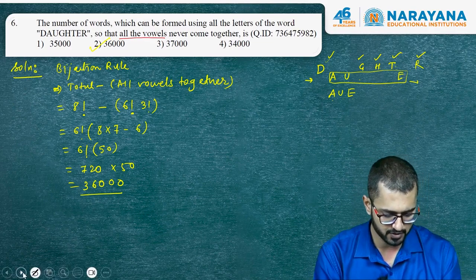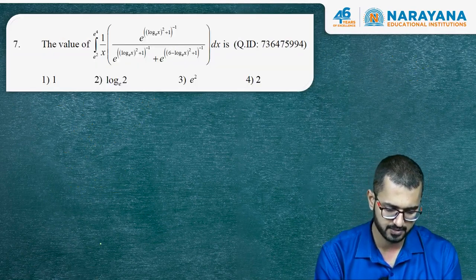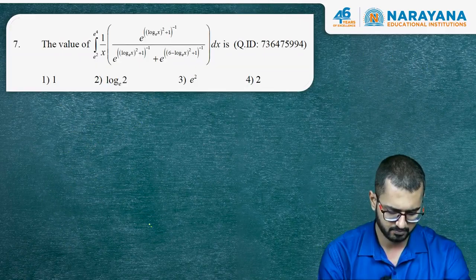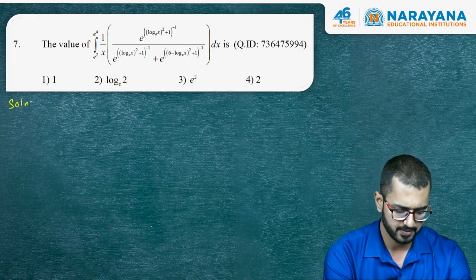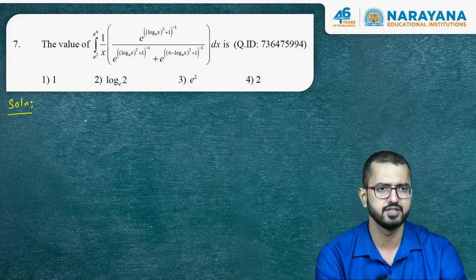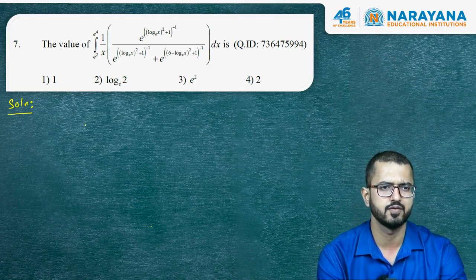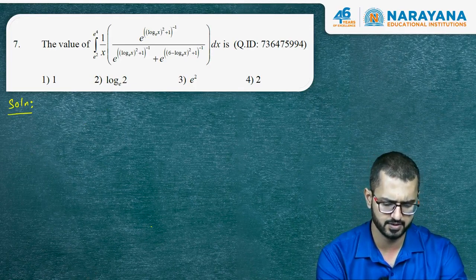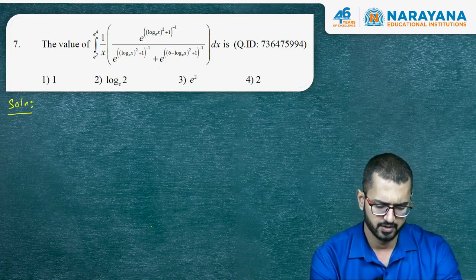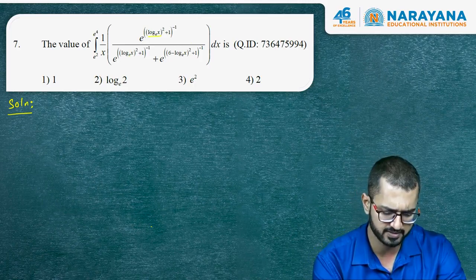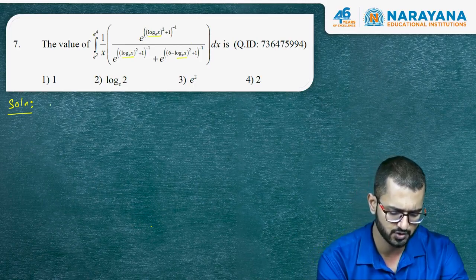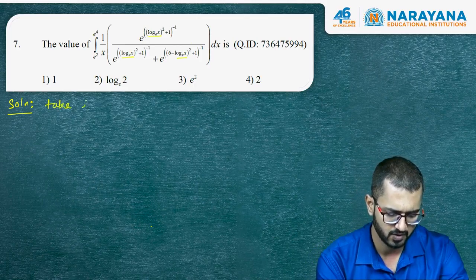Alright, moving to the next part, 7th question. Here we have the integral from e square to e to the power 4 of 1 over x, e to the power log x square. Looking at this question, we have a gut feeling that log x appears everywhere, so we should take log x as t.